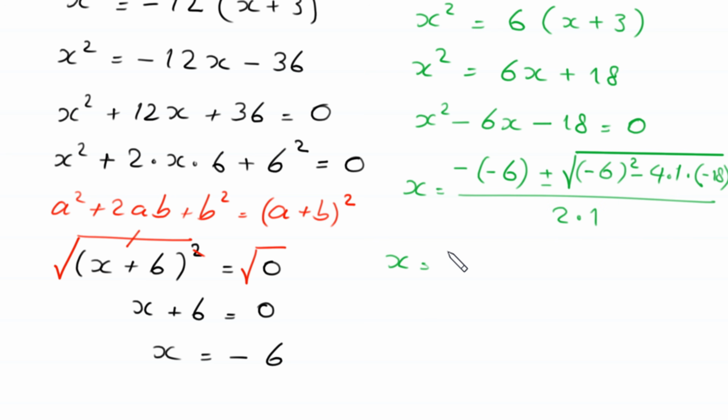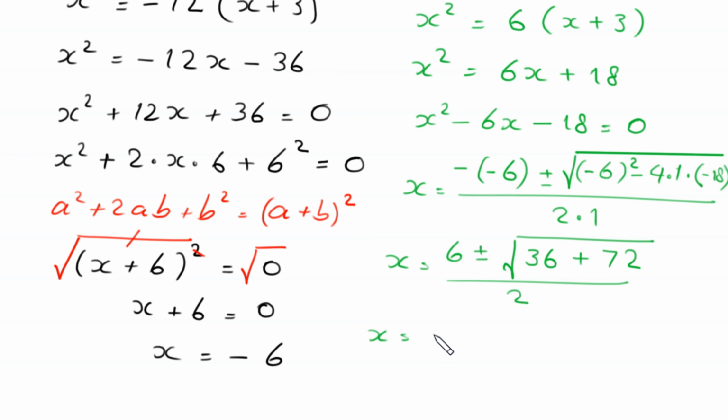And x is equal to negative times negative 6 will become 6 plus minus square root of this negative 6 squared will become 36. Negative 4 times 1 times negative 18 will become plus 72, divided by 2 times 1, 2.